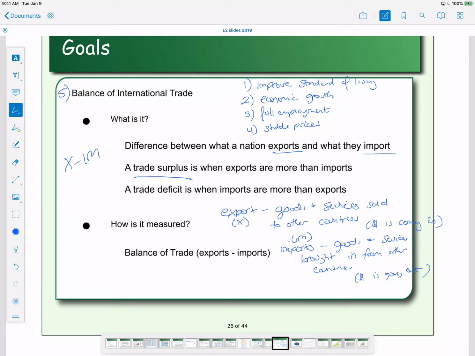A trade deficit is where we import, so we're bringing in more goods from other countries than we're selling to them. So with a trade deficit, there's more money going out. When we talk about measuring the size of our economy, GDP, part of measuring GDP is going to be exports minus imports.